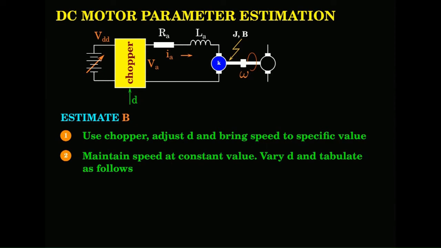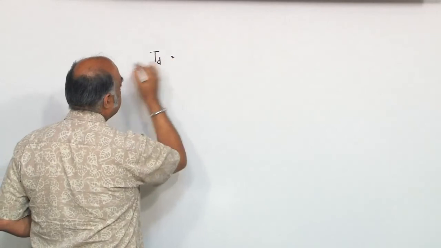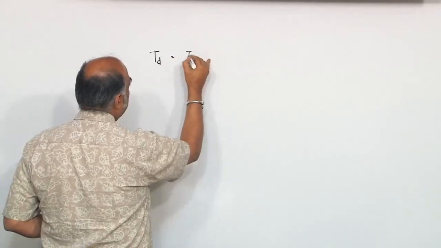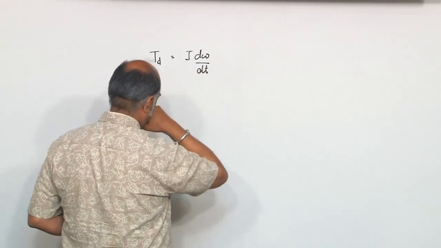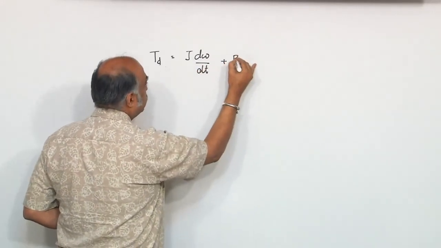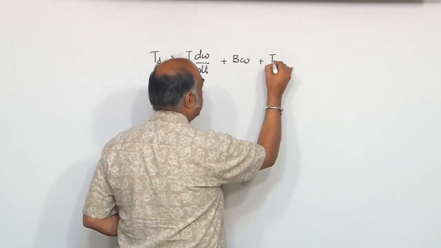what do I achieve? So, on the mechanical side, developed torque TD is equal to J d omega by dt plus B omega plus any other load torque, which right now you are not applying.